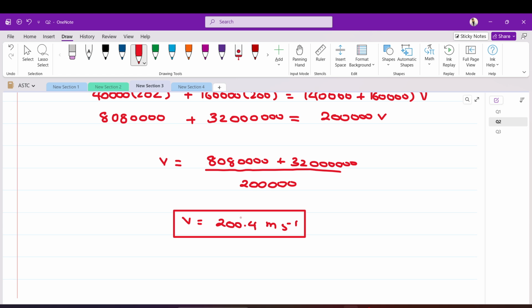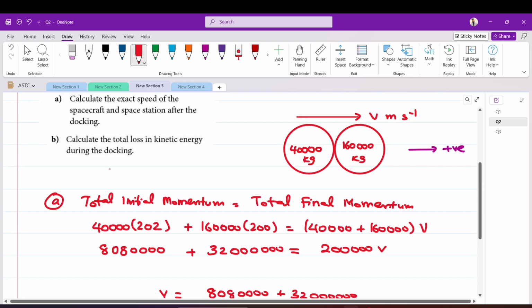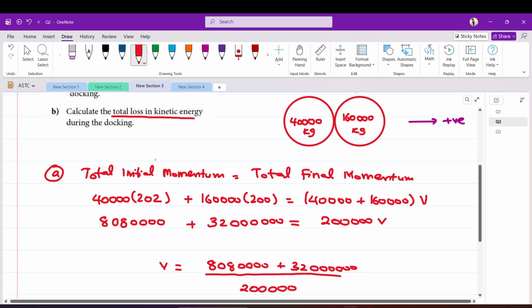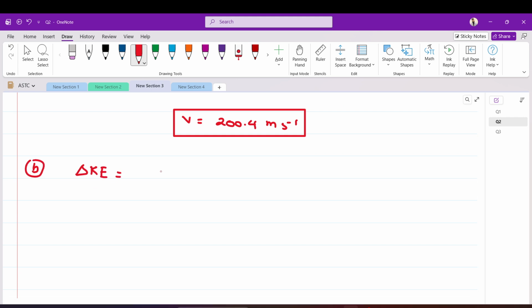All right, so let's move to the second part. This was part A. Now part B is: calculate the total loss in kinetic energy during the docking. Total loss in kinetic energy. Understand one thing: if I want to work out the change in kinetic energy, naturally that would be the final kinetic energy minus the initial kinetic energy.